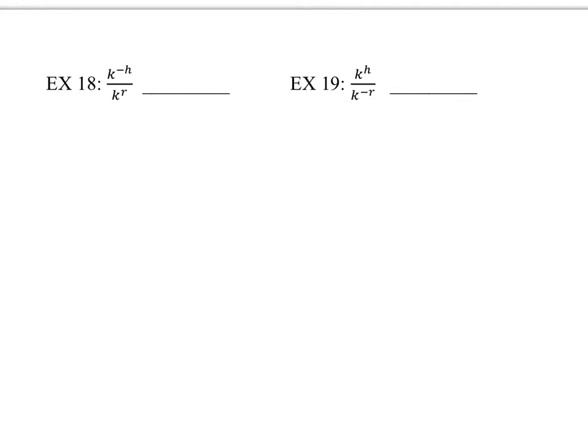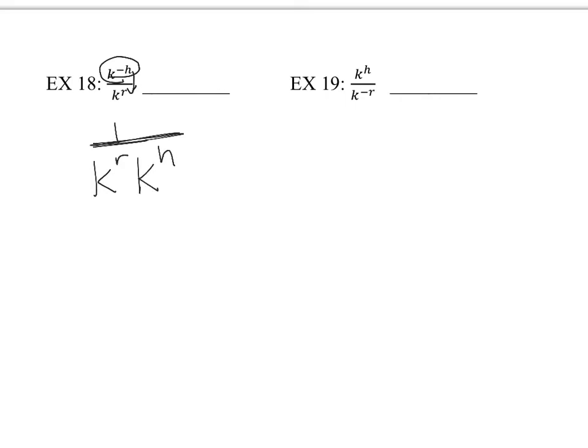So now with example 18, this top k has a negative exponent on the top. So it needs to go to the bottom. And now if you're moving something from the top to the bottom and there's nothing else left up there, it's a fraction. You have to put a 1 up there. Otherwise it's not a fraction anymore. So this is going to become 1 over k to the r times k to the positive h.